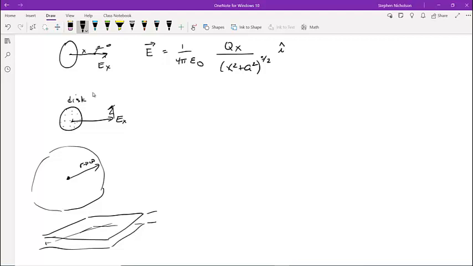In reality, the gap between the two plates is much smaller than the dimensions of the plate. In the real world we don't have infinite plates, but we can have two large plates that are very close to each other. So that's the evolution of the whole thing.